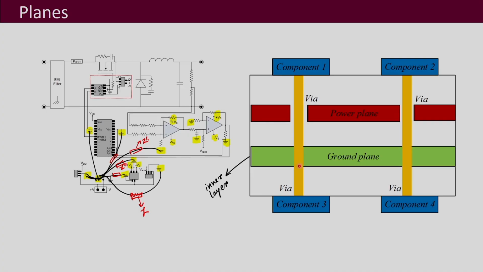That also can be done easily by forming a plane, and then like this the component can be directly connected to that power plane. This power plane and ground plane are very much used in circuits with many components, to reduce the impedance and to simplify the routing also.